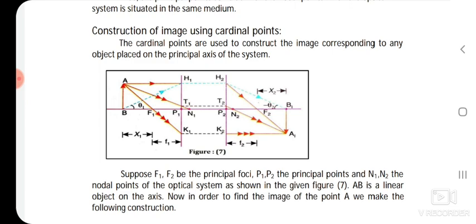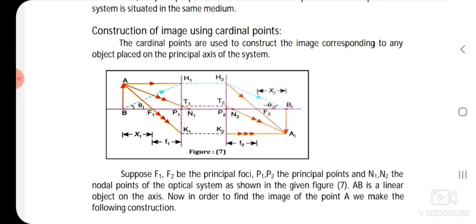That's why K1 P1 by AB, this side is equal to this side. K1 P1 from triangle F1 K1 P1 and AB from triangle ABF1. That's why K1 P1 divided by AB is equal to P1 F1 by BF1.